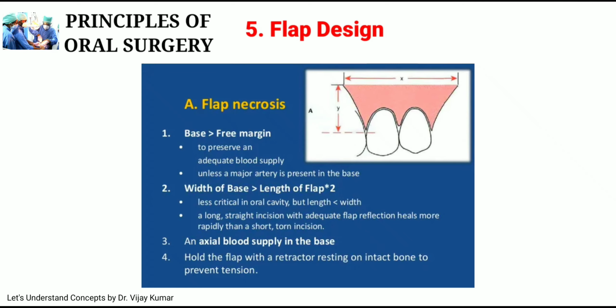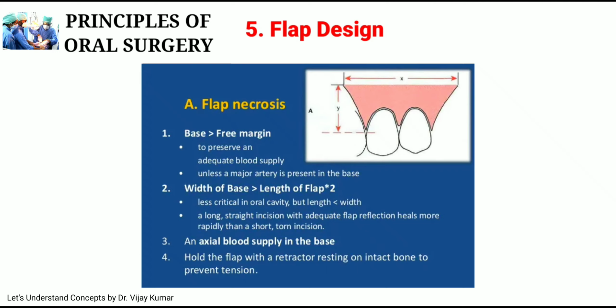How do you avoid flap necrosis? The first rule is that the base is always wider than the free marginal gingiva. If you see the free margin of the flap, it should be less and the base of the flap should be more. This will provide an adequate blood supply for healing.